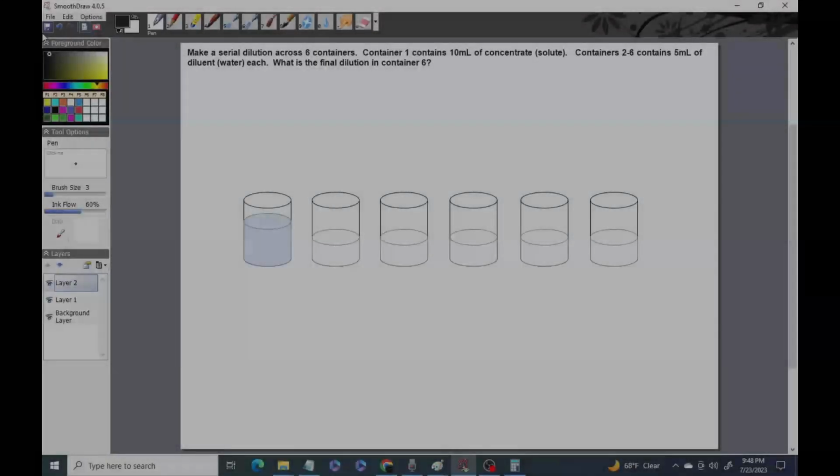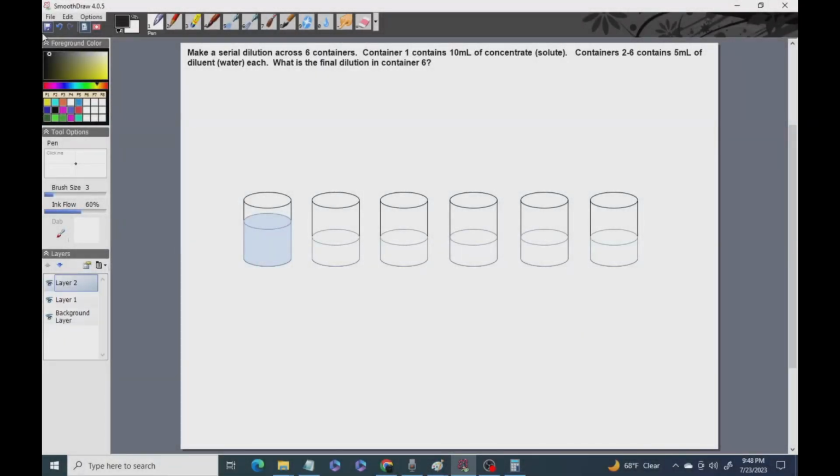So according to this problem, it says let's make a serial dilution across 6 containers. Container 1 contains 10 milliliters of concentrate or solute, and containers 2 through 6 contain 5 milliliters of diluent each. What is the final dilution in container 6?